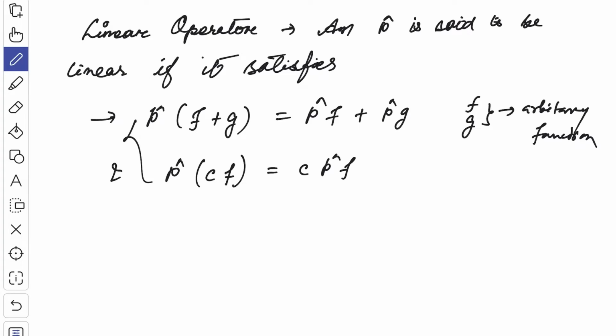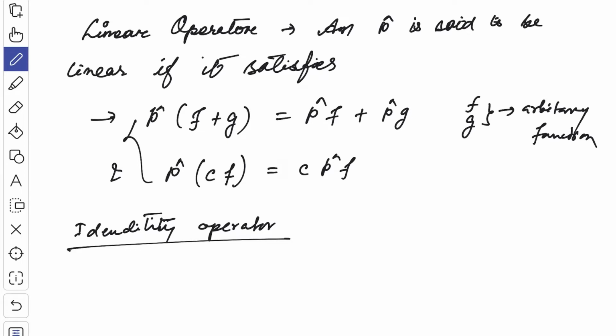Now let me give you examples of linear operators, not only one. Identity operator and null operator, these two are linear operators. What do you mean by identity operator?